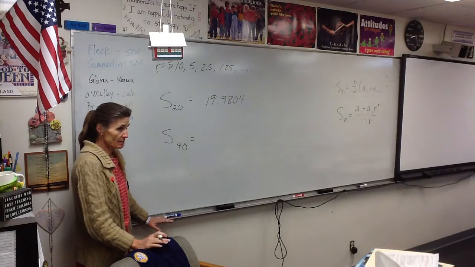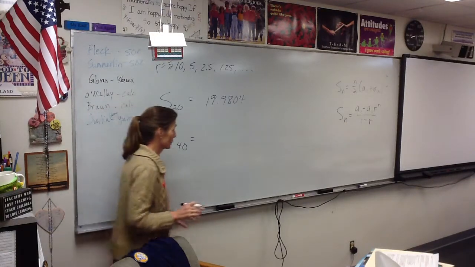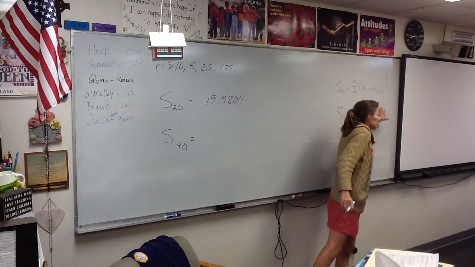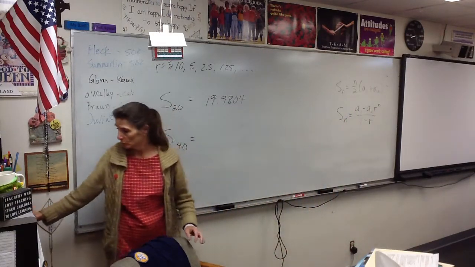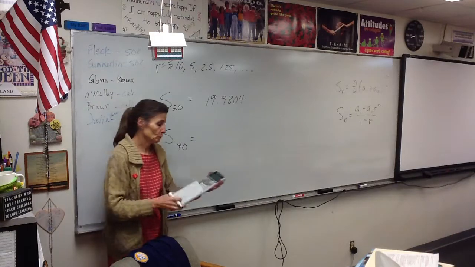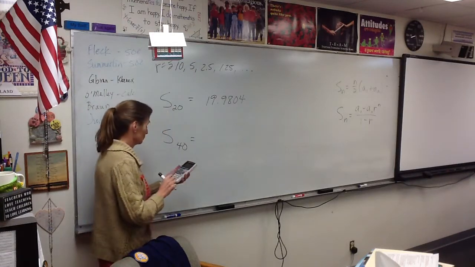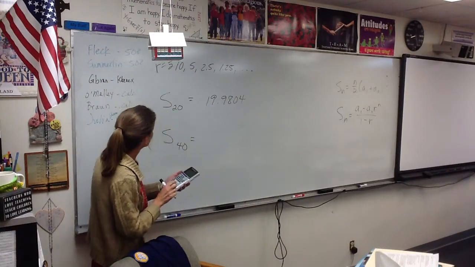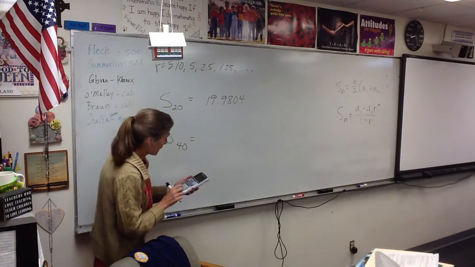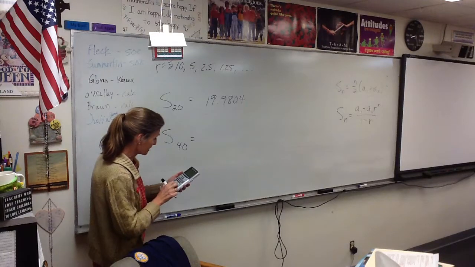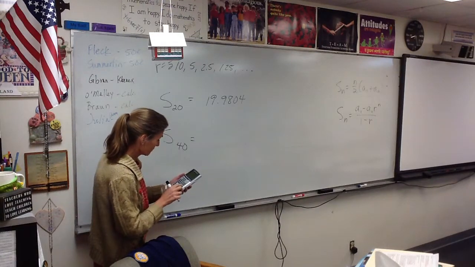Now, the nice thing is, you're not going to change a thing except the number of terms, right? It's the same problem. You're just putting 40 in for it. Yep, that's right, you're doing the same problem. There's a reason. I'm not just having you do this because it's fun.